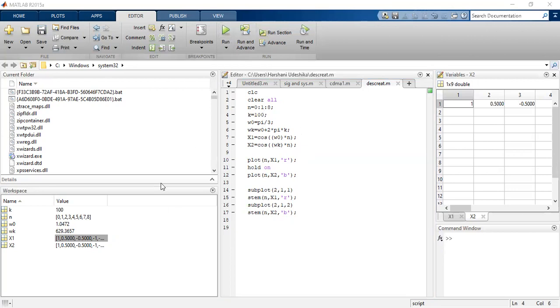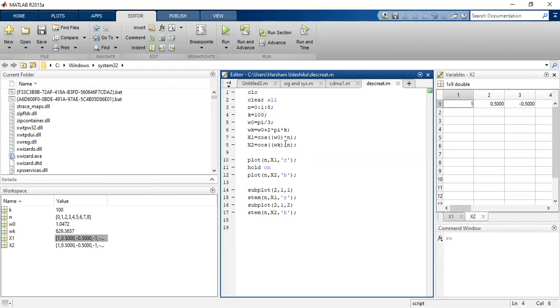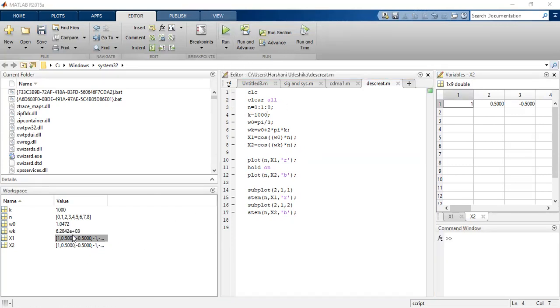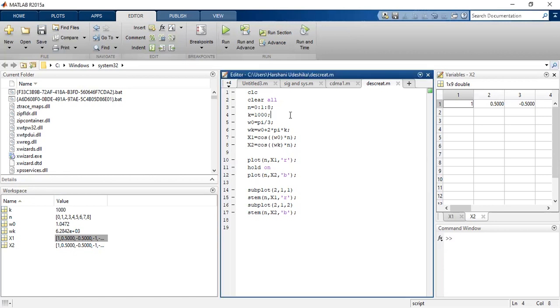Even if you take 1,000 or something, again you will get the same value; x1 and x2 are not changing. So there are an infinite number of signals, and for an infinite number of these omega k values, you will get the same pattern.